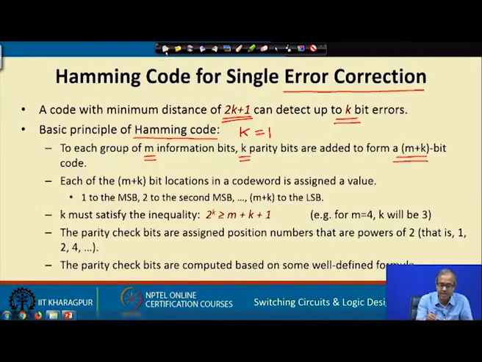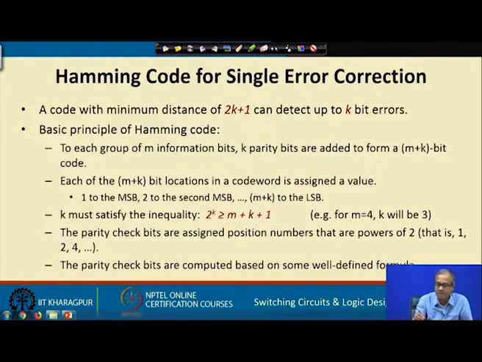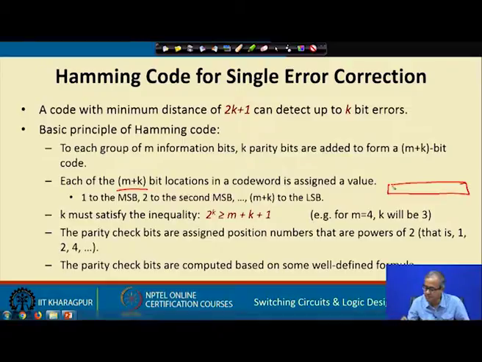What I mean is that each of these m plus k bit locations will have a value. Suppose this is my code word and these are my bits. I assign numbers 1, 2, 3, 4 from left to right like this.